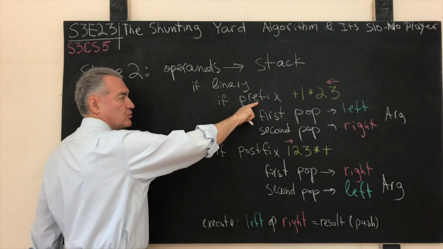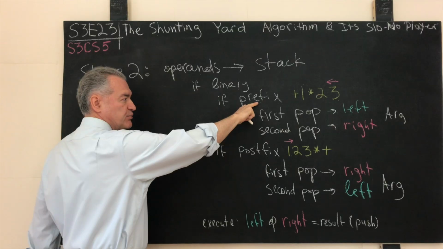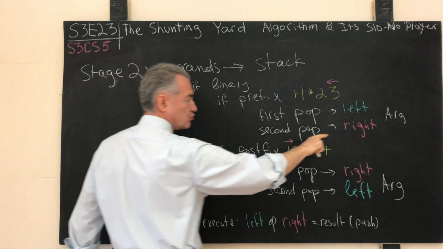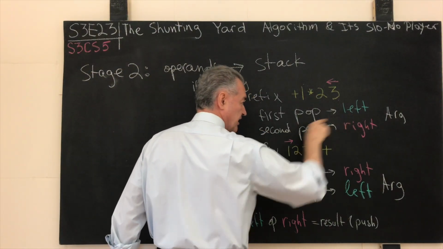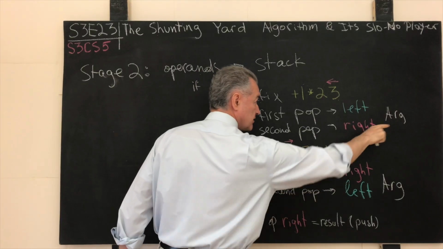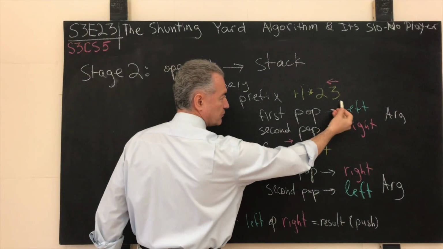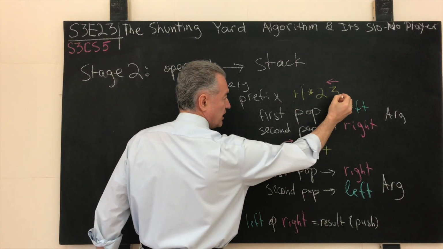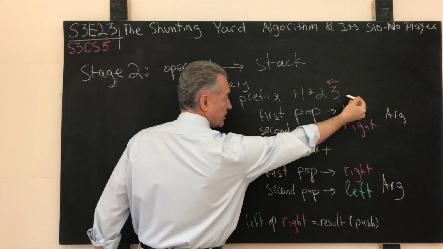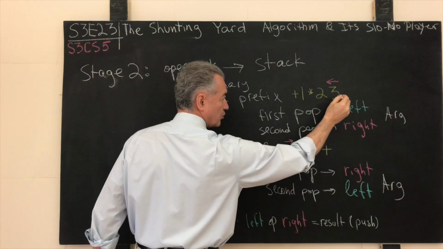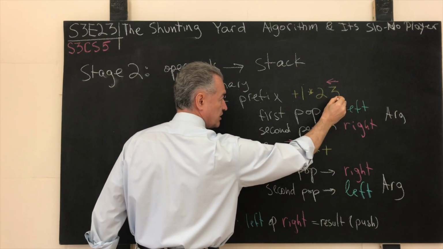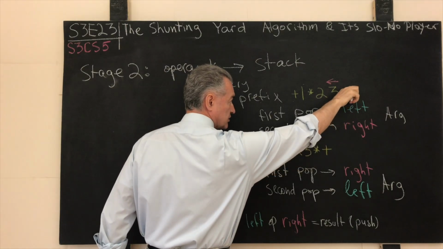If the precompiled notation is prefix, then the first pop will produce the left argument and the second pop will produce the right argument. This should be evident by my helpful example over here. In the prefix form, we parse the input right to left, so we see the number 3, we push, so the stack looks like 3.